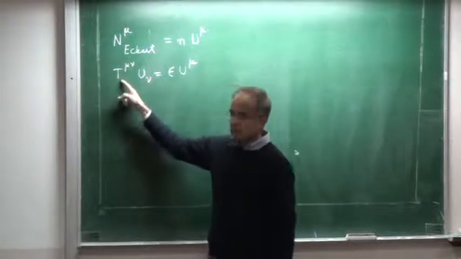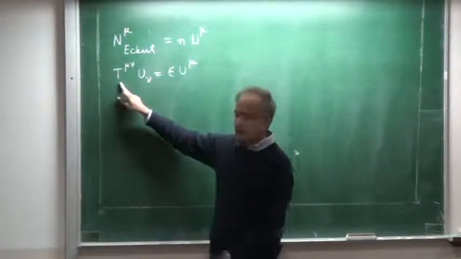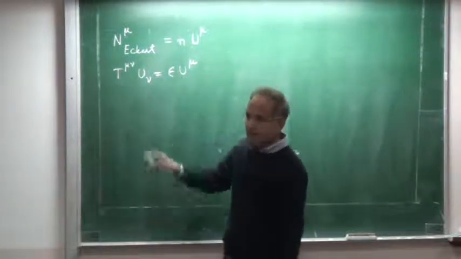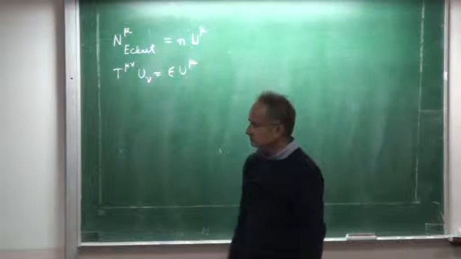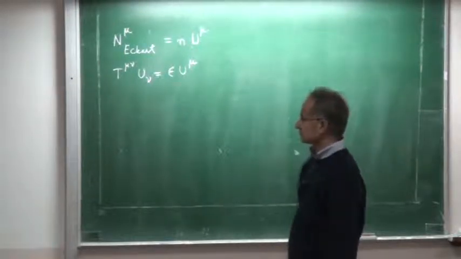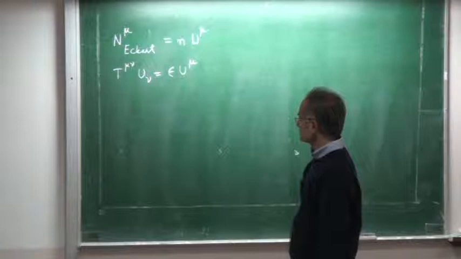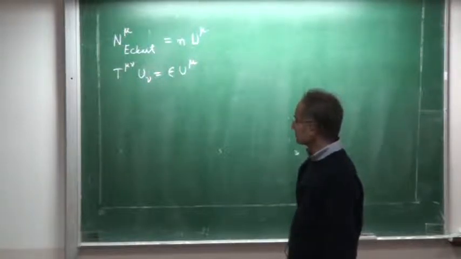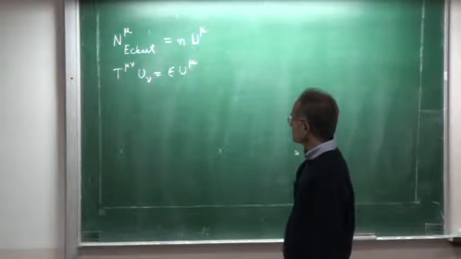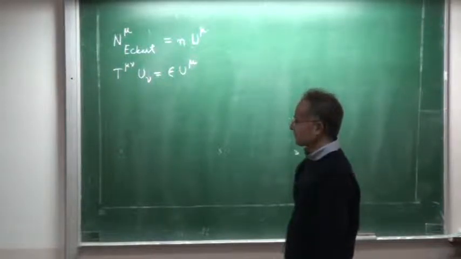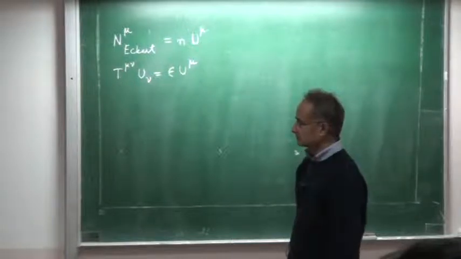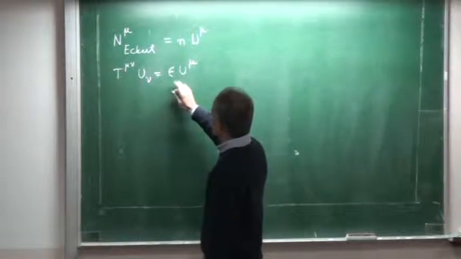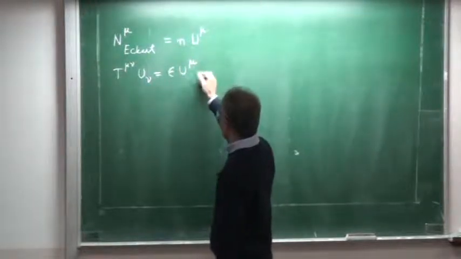Now we have this in general, but we already know what T^{μν} is. So substitute and tell me what you get. Is this satisfied? So that means this is the energy flow.